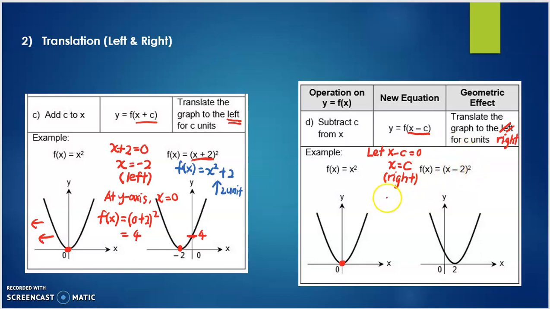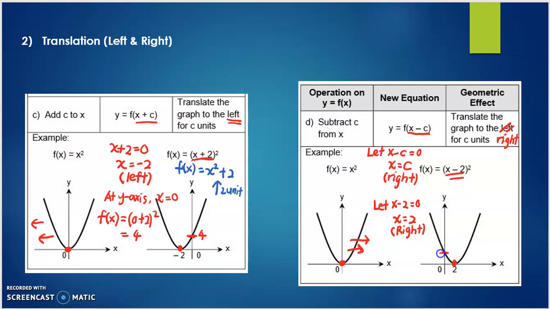We let x minus 2 equal 0, so x equals positive 2. This is the right hand side. So from this point, our graph will move to the right by 2 units. From 0, it will now become 2.